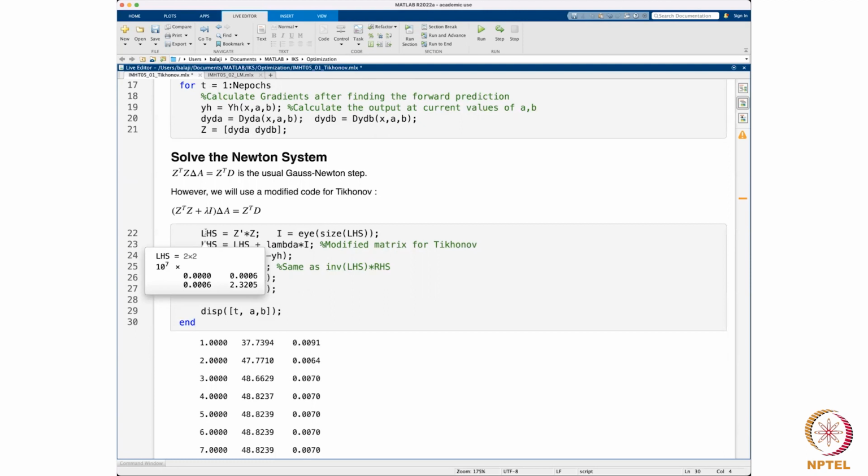But you can notice LHS is a 2 by 2 matrix. The identity matrix, as you can see, is just a 2 cross 2 matrix of size 1. The new LHS with which you solve will be just that plus lambda times I. Okay, and the RHS is as it has to be. It's a 2 cross 1 matrix. So that's what happens here as we go forward.